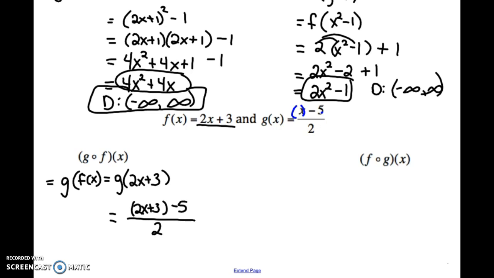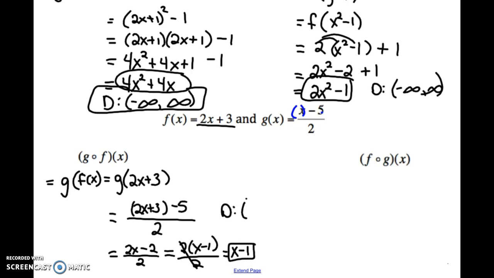And I just wrote the 2x plus 3 in there. So if we clean that up, we get 2x plus 3 minus 5 is minus 2 over 2. We can factor a 2 out of the top. So then those 2's will cancel. And so our answer is x minus 1. Our domain is still all real numbers. We did have a fraction, but the denominator was a 2, not an x, so we don't have any restrictions.